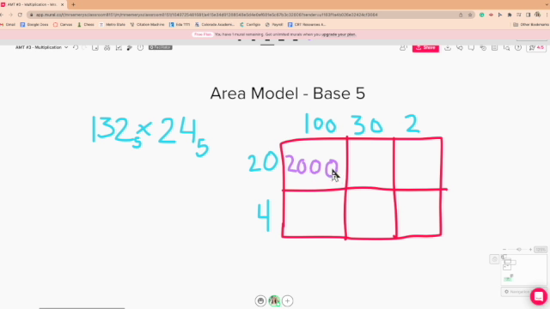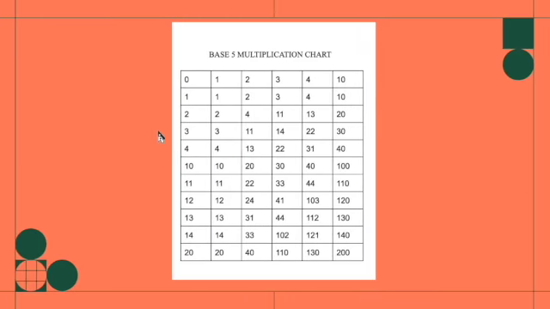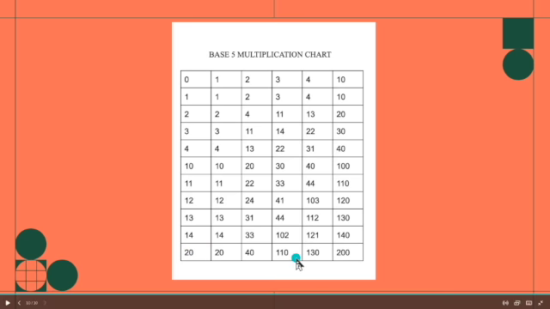All right, moving on to 2, 0 times 3, 0, which is going to be, if I look at my handy dandy multiplication chart, we're going to look at 2, 0 times 3, which is 1, 1, 0.